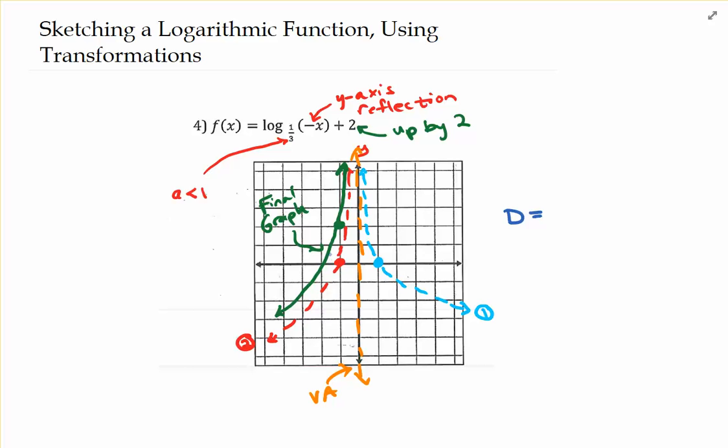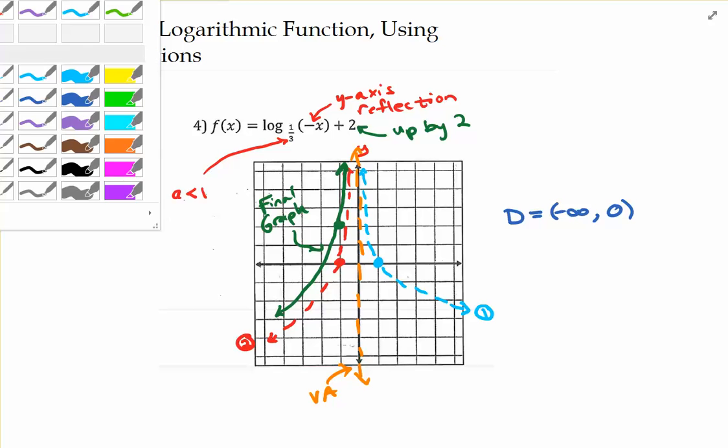One thing you might want to note that's helpful is that this green graph is entirely to the left of the y-axis, meaning that the only x values you'd be using to produce this graph come from negative infinity and go all the way up to the vertical asymptote, which, spoiler alert, is at x equals 0. So for this reason, the domain is going to be parentheses negative infinity comma 0. Those are all the x values that would be generating our green graph.